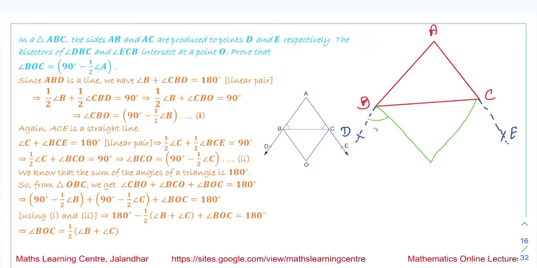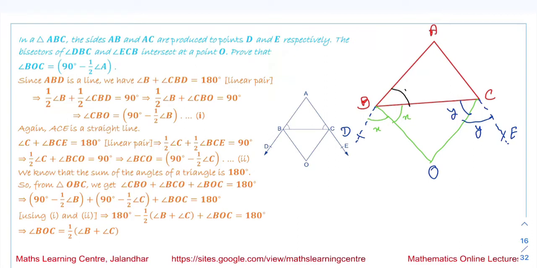Suppose this angle is X, then this angle is also X. Similarly, if this angle is Y, then the value of this angle is also Y, because BO and OC are the angle bisectors.